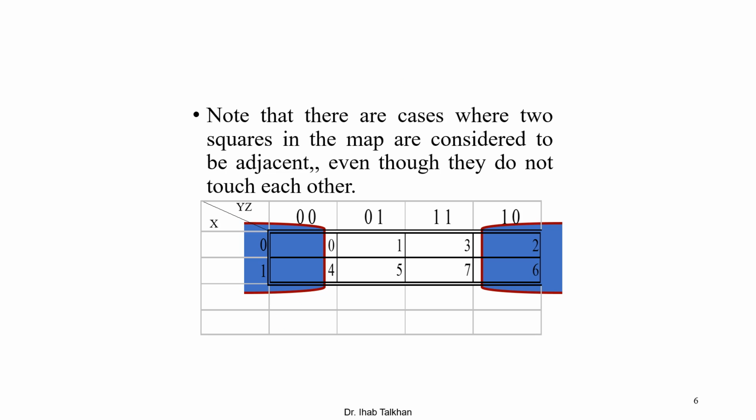This slide is only to illustrate that you are going in three dimensions. So as I mentioned before, the first row is adjacent to the last row, the first column is adjacent to the last column, and the four corners are adjacent to each other. This illustrates what is meant by adjacency in three dimensions.